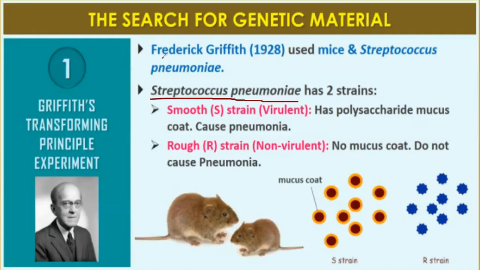It was conducted by Dr. Frederick Griffith in 1928 using a pneumonia causing bacteria known as Streptococcus pneumoniae, by taking another organism, mice.